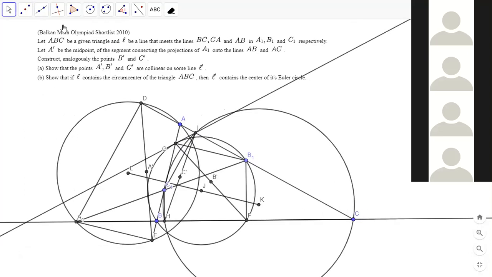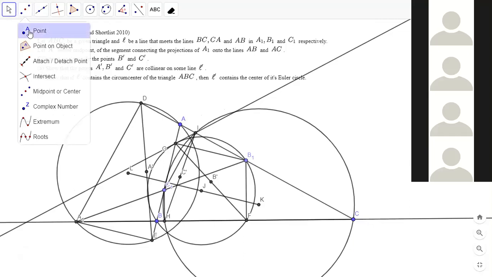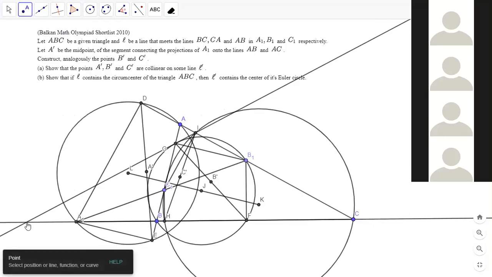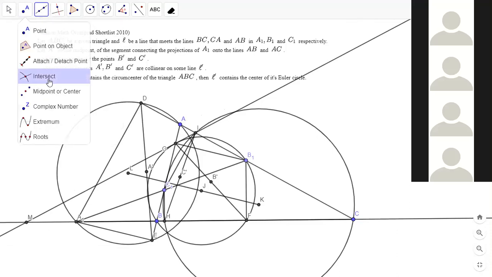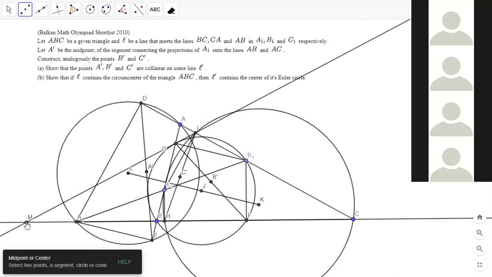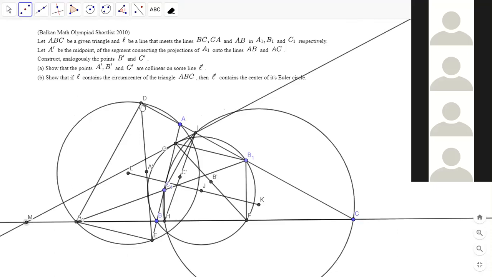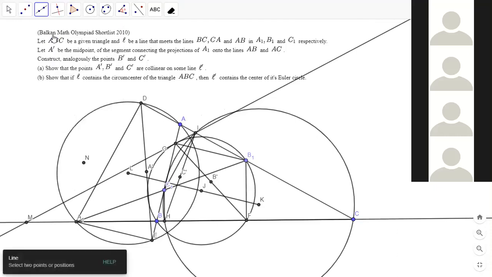So B prime, C prime, and the midpoint of DM. These would have to be collinear by the Gauss line. I don't think this line passes through it here.